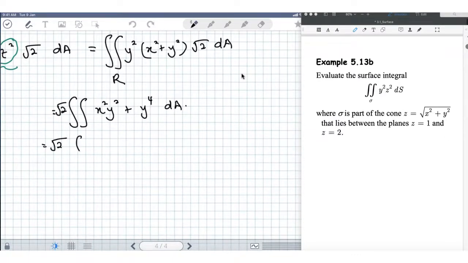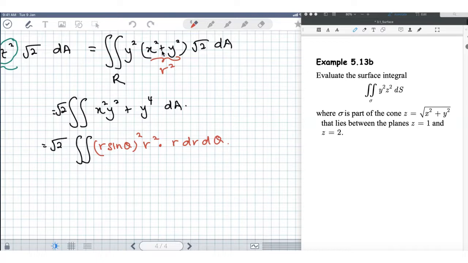Using polar, x squared plus y squared is actually r squared, isn't it? Then I just replace the y squared: r sine theta squared, r squared, and dA is r dr d theta.